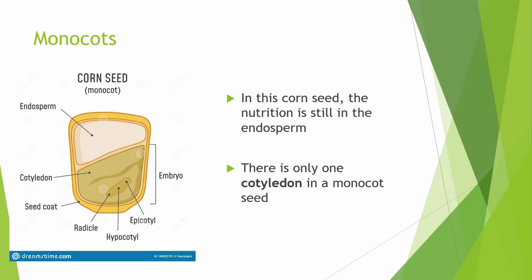In monocots, you often still have the nutrition in the endosperm, hence the starchy seeds that you think of with grasses. And there's only 1 cotyledon in a monocot seed. So that first seed leaf, if you think about grass or corn, you get 1 leaf coming out of the ground when you plant them. Whereas peas and beans, you're going to get 2 seed leaves coming out of the ground after you plant them.